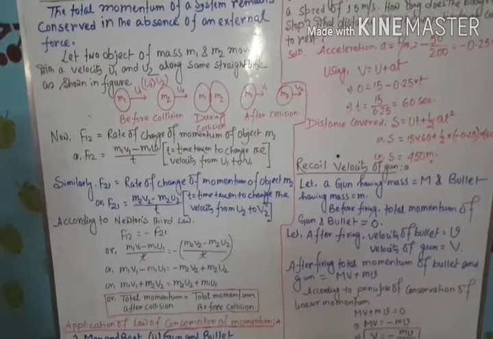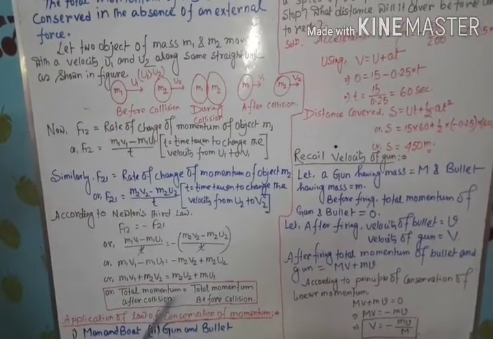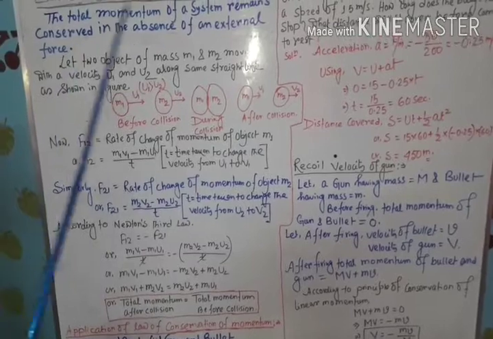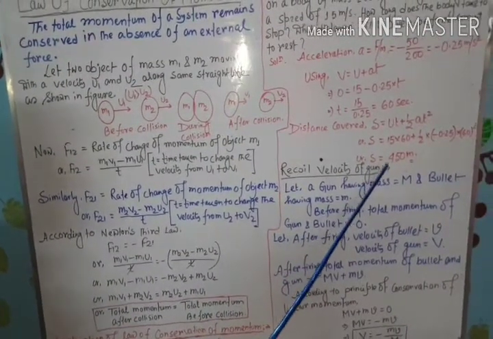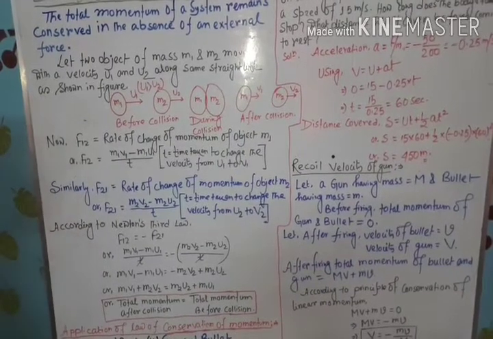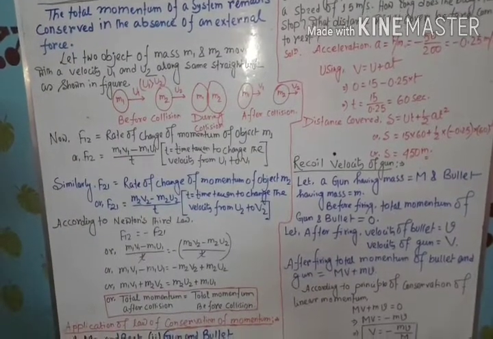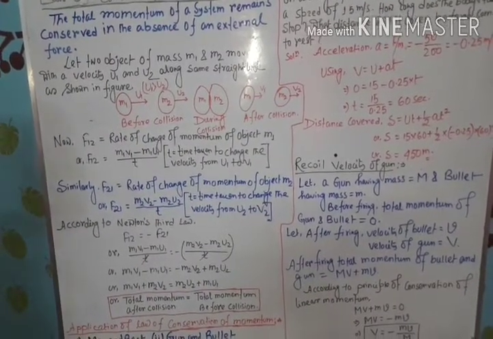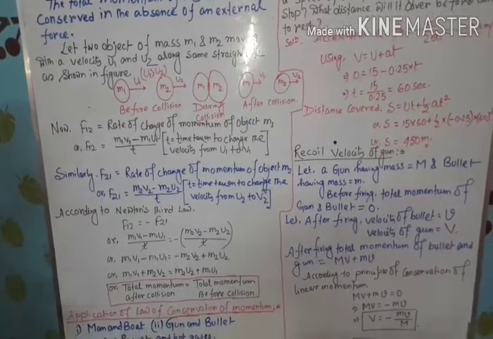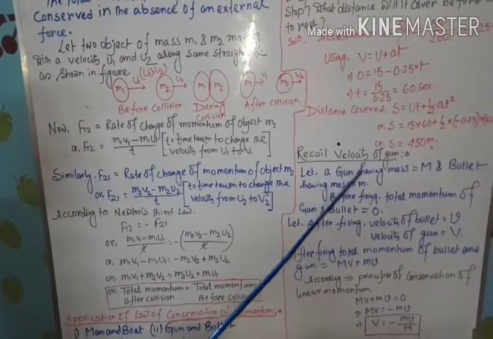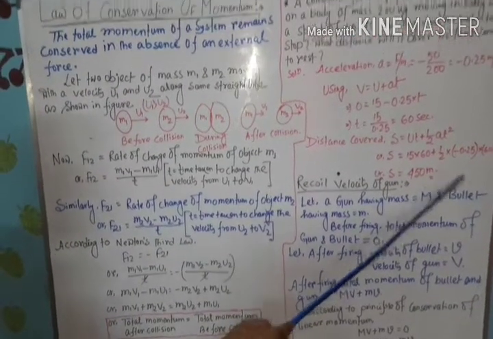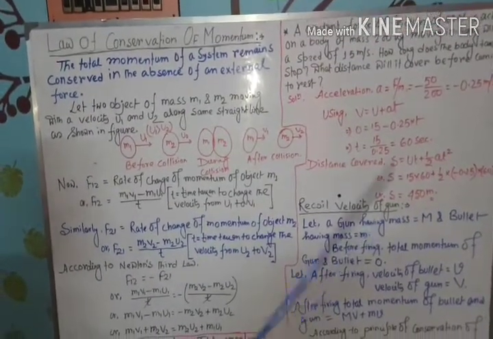Now there is a very important application of the theory of conservation of linear momentum, that is the recoil velocity of a gun. It means with what velocity a gun moves in the backward direction during the firing of a bullet, you can determine. Now see the calculations. Let a gun have a mass capital M and a bullet have a mass small m.